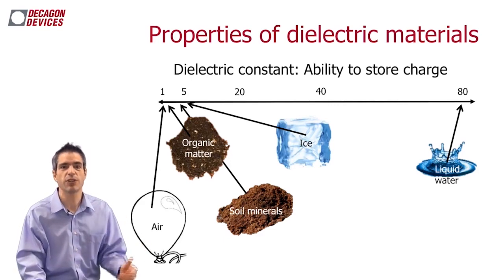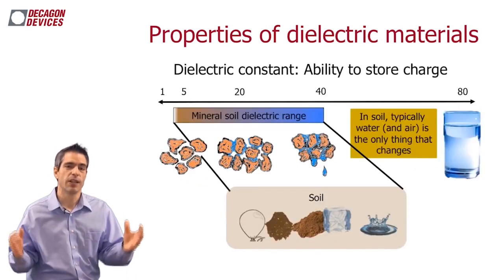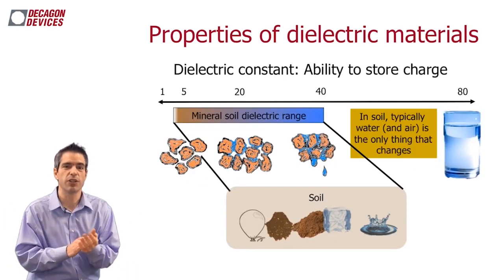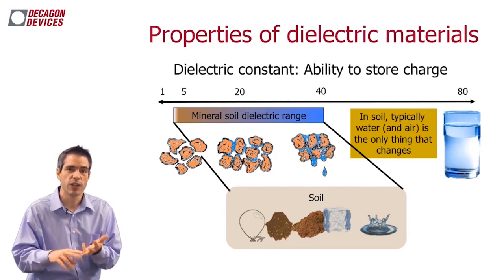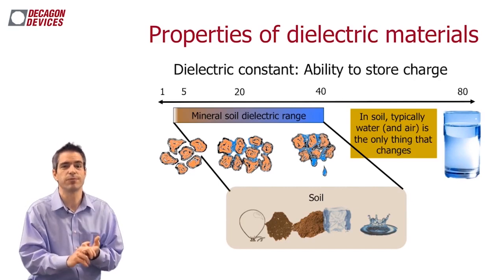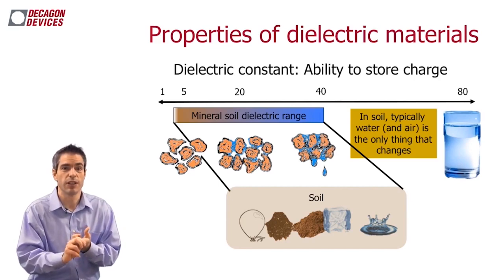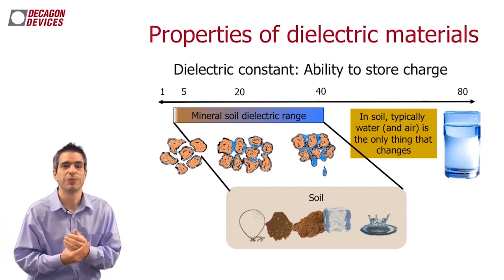And of course you can tell that all these materials are things that we can find in soil. If we mix soil all together, you think about the fact that we have all these things in there: air, soil minerals, organic matter. Some of you have ice in the soil, others do not around here. We have quite a bit of ice in the soil various times of the year. And then we have water.